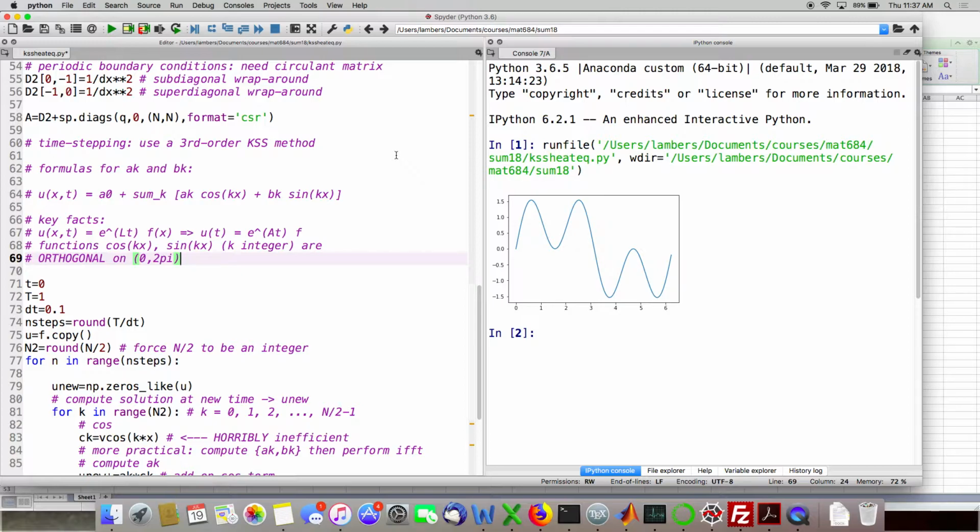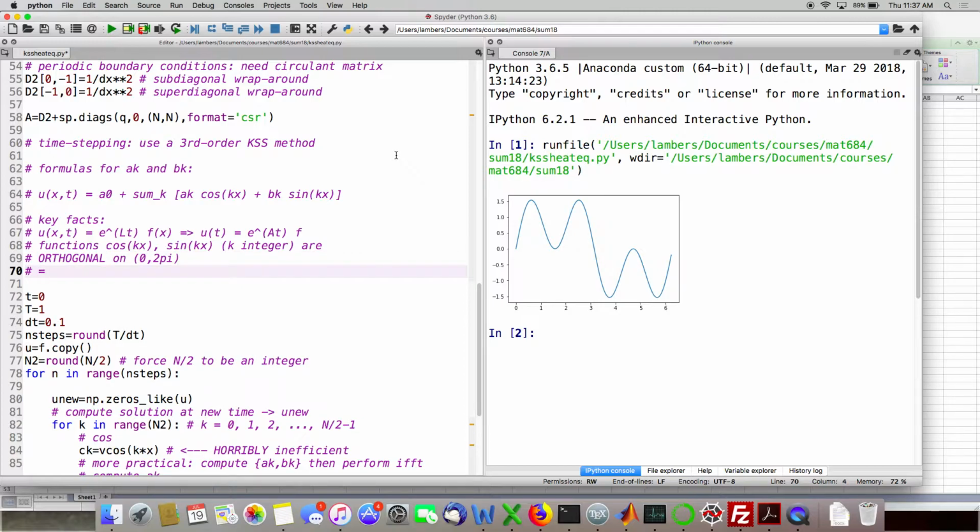So what that means is that the integral from 0 to 2 pi of cosine mx cosine nx dx is equal to 0 when m and n are not equal. Similarly, if I put a cosine with a sine, whether m and n are equal or not, or a sine with a sine with m and n not equal, that also will equal 0. So that orthogonality allows us to compute these coefficients much more easily because they're basically decoupled from one another.